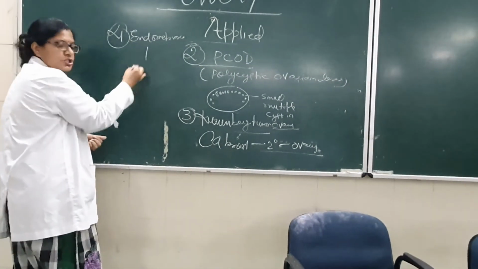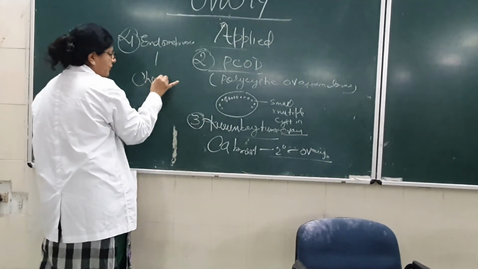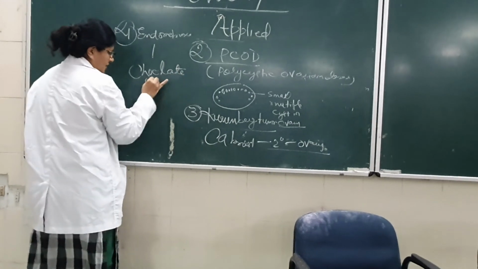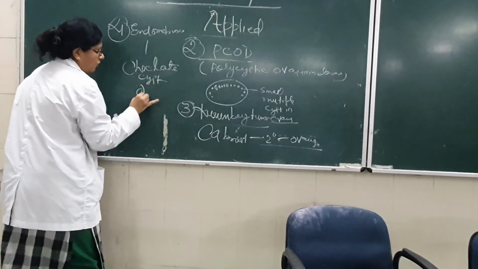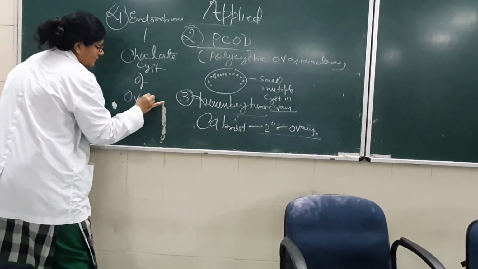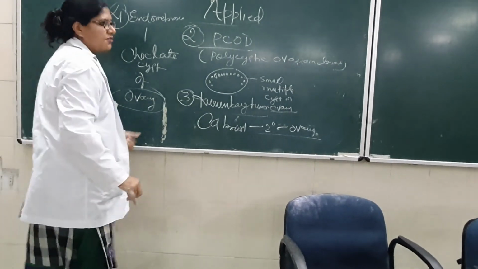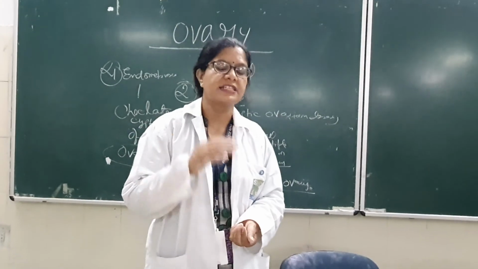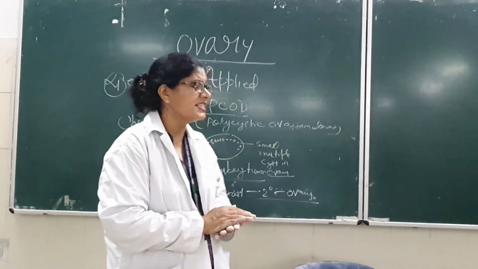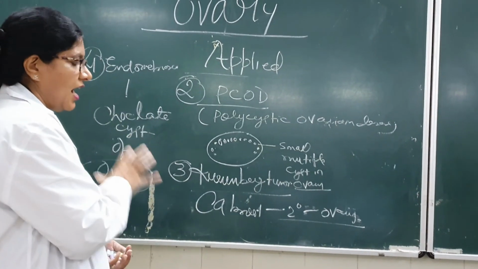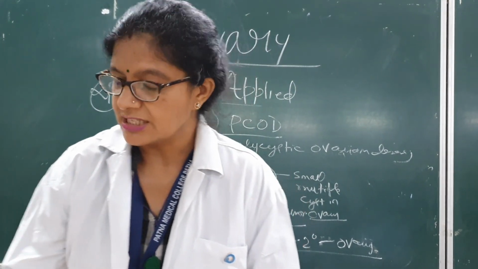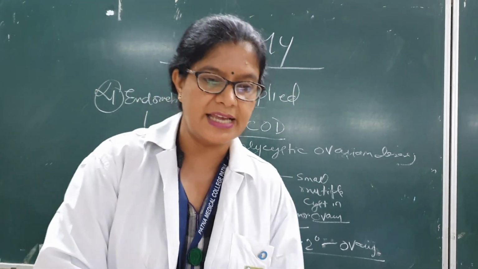This will give rise to your chocolate cyst, matlab chocolate cyst of ovary. Okay, so the endometrium lining is involved in this endometriosis, and this is also a very common problem. So these are the applied anatomy aspects of the ovary. Okay, so this is all about the ovary. Now we will see the viscera.